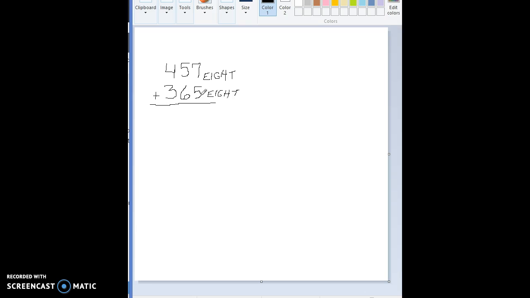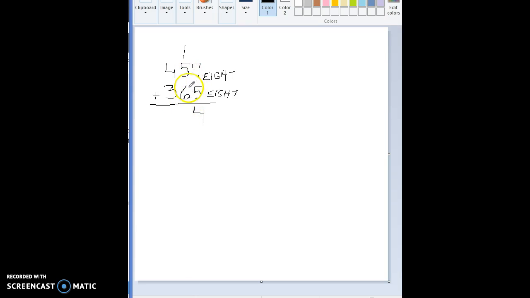So I need to take 8 of those 12 and move that over to the next column, where I keep track of longs, which are 8s because I'm in base 8. I take 8 of them and make a long out of it, so I move it over. And that means I have 4 babies still remaining in this column.